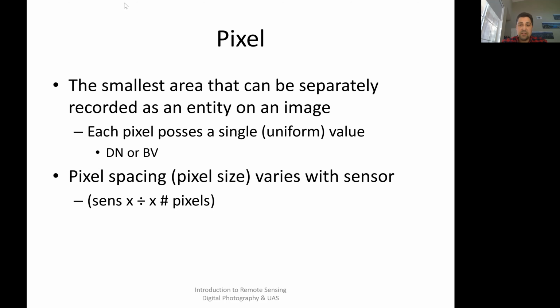Now, pixel spacing, i.e. size, okay, it's going to vary with the sensor. And we learned this before, okay? The sensor X here, divided by how many X numbers exist. So what we're saying is how many columns exist.